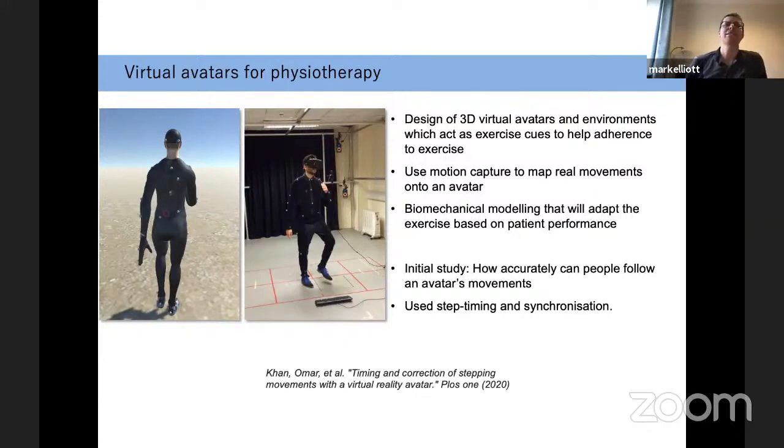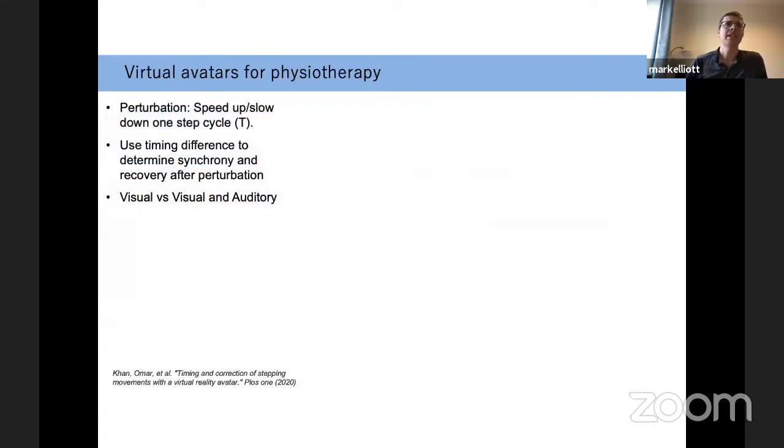And one of the challenges we wanted to test was whether people can actually follow an avatar very accurately. So using this paradigm, we could actually test how strong their coupling of their own movements were to the avatar. So here we set up a stepping on the spot study where the avatar stepped on the spot, and we asked the participants to step on the spot in time with the avatar.